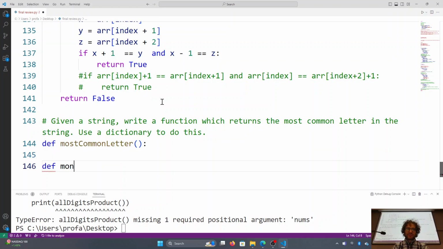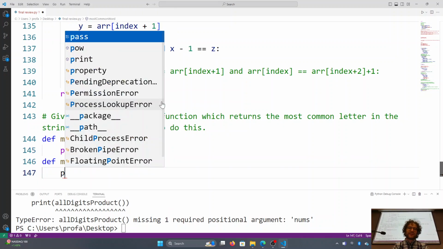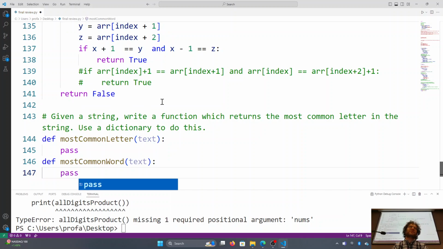Def most common word, and we'll look at the one that was done on the exam. So text and text. I just like using text. That way there's no confusion. I could call it string or S, but text also makes it understood that I'm not talking about the string type. It's just text. It's a bunch of letters and stuff.